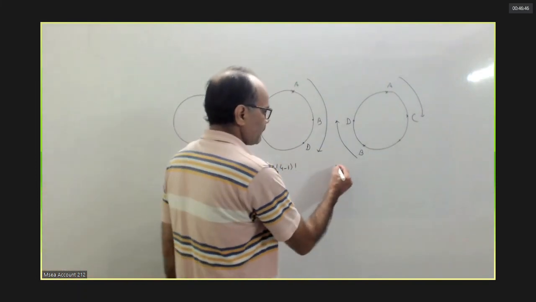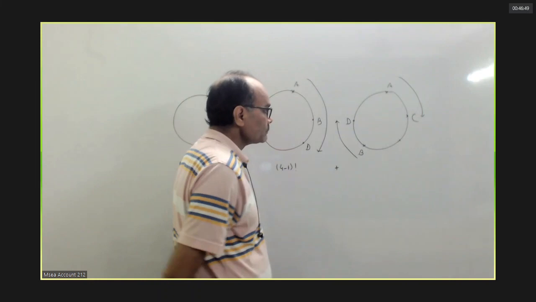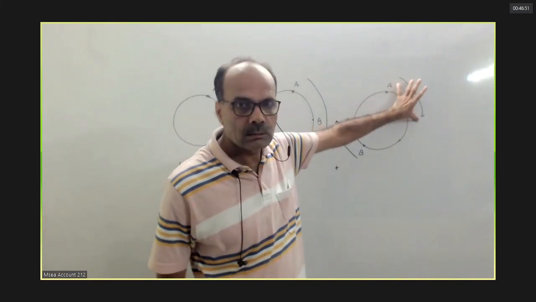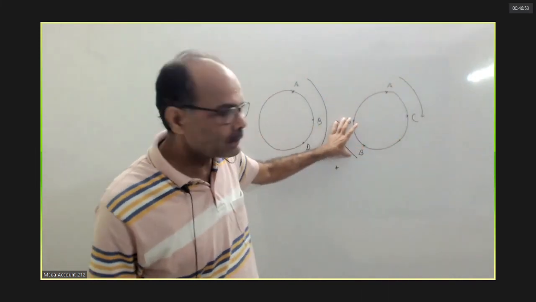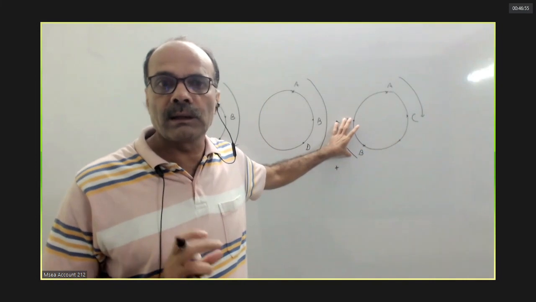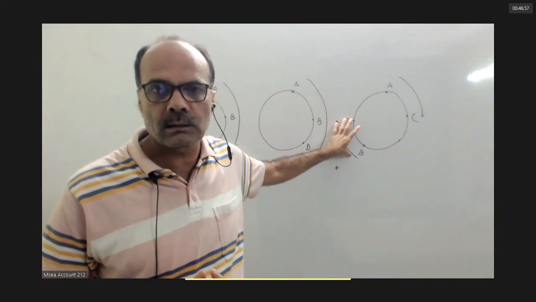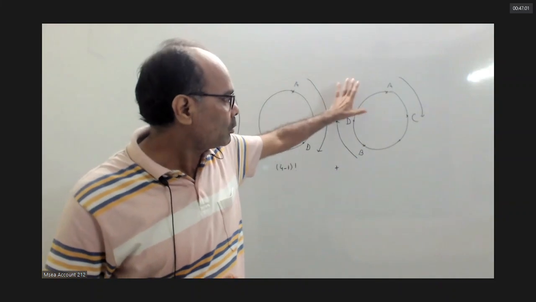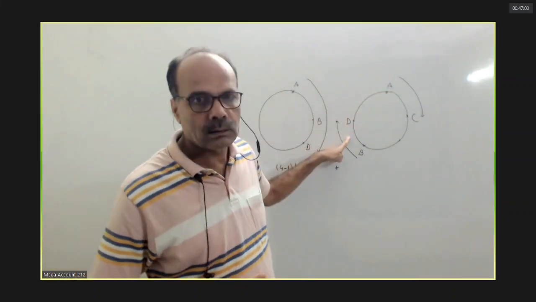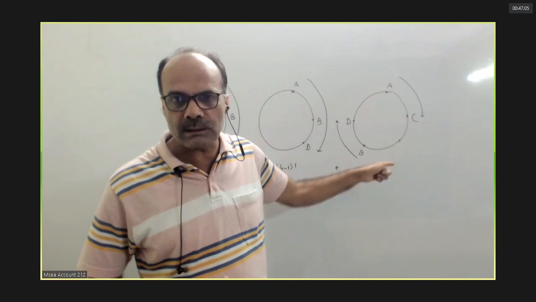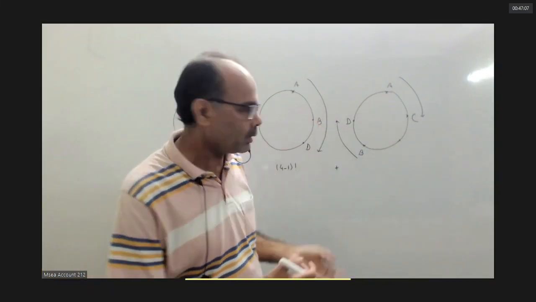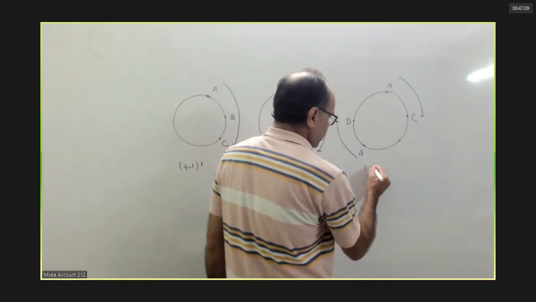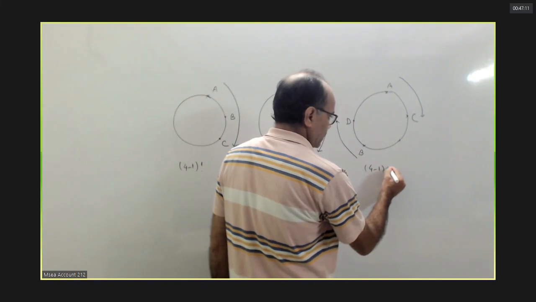Plus, this is 1 unit, this is another unit, and the remaining 2 persons are 2 different units. 2 plus 1 plus 1, how many different units? 4 units. So again here 4 minus 1 factorial.